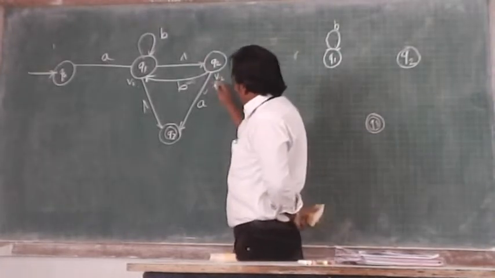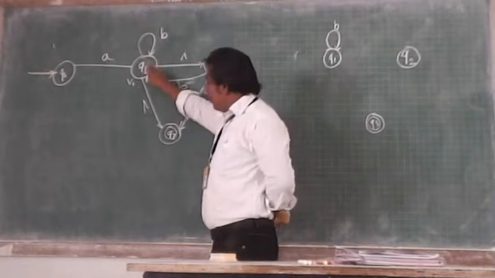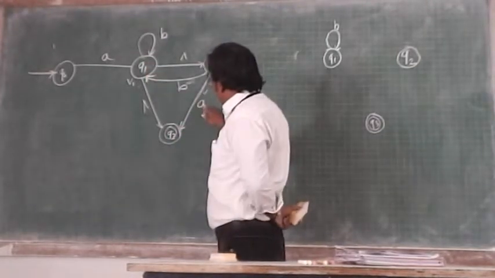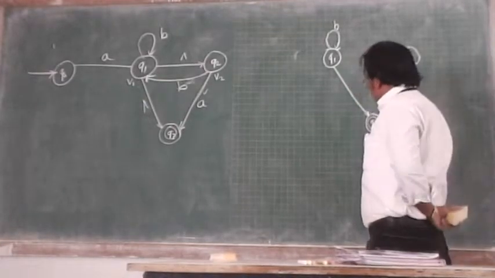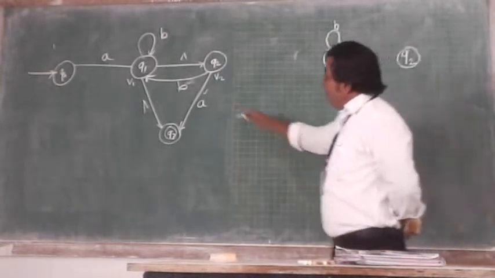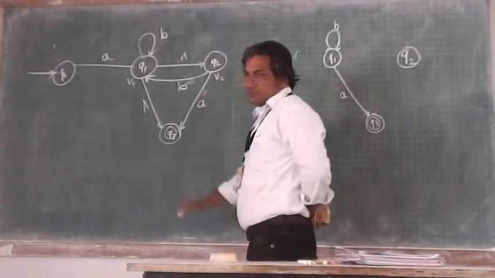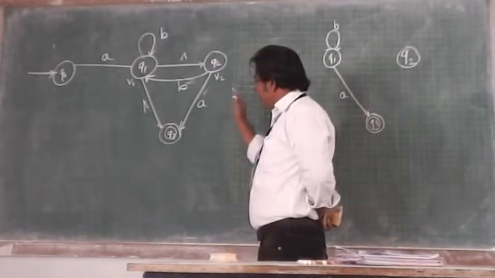So this I have to copy from V1. So how does it come? Q1 to Q3. What is the label? A. So I should draw the transition like this from Q1 to Q3. The label is A. The second outgoing transition is also worked out. Okay? So your job is done.